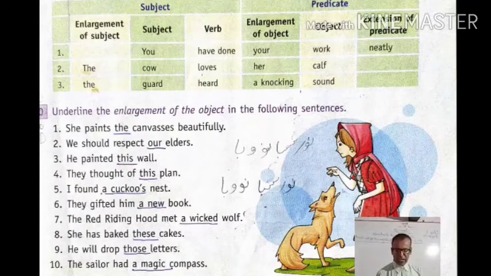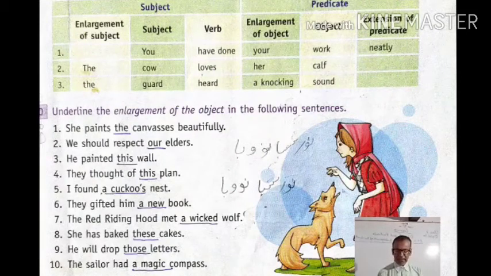Question number 4, they thought of this plan. Plan is the object here, and the word coming before that is the enlargement of the object, in this case this. Question number 5, I found a cuckoo's nest. Nest is the object here, and the word before that object, a cuckoo's, is the enlargement of the object.